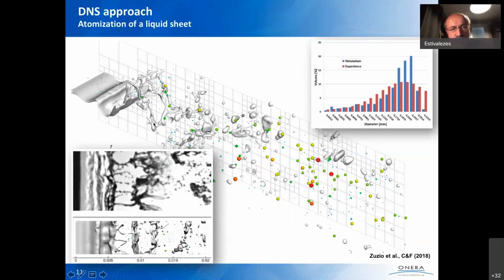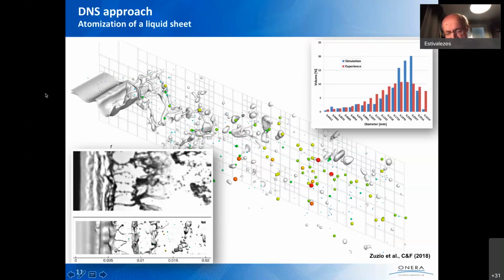In the initial algorithm we used to discretize the Navier-Stokes equation coupled with interface transport, we use what we call a staggered mesh for the velocity compared to the level set and the volume of fluid.